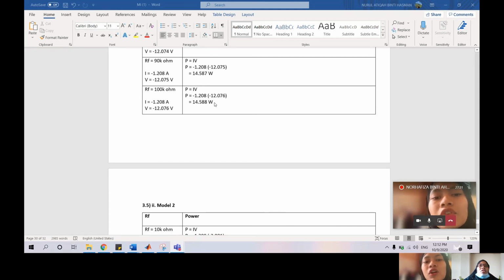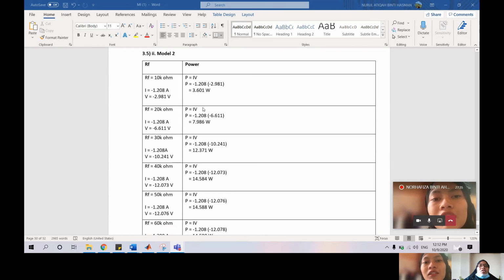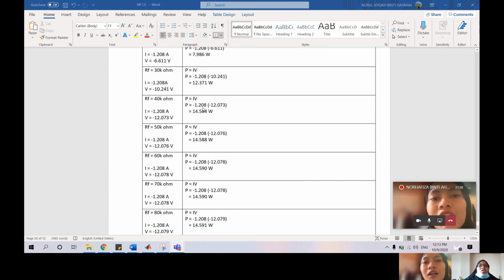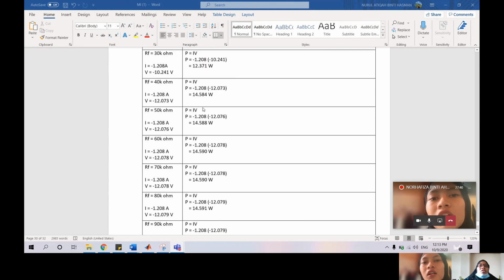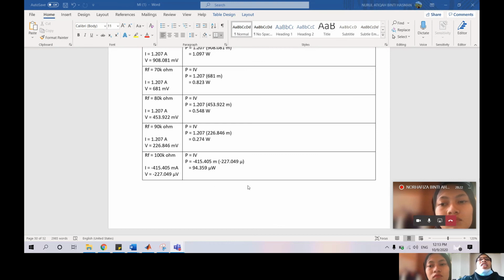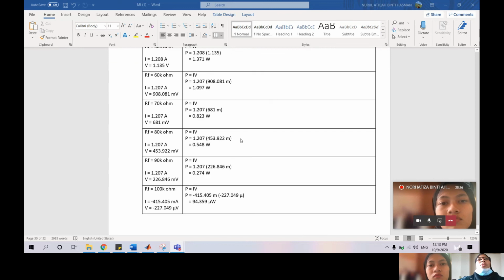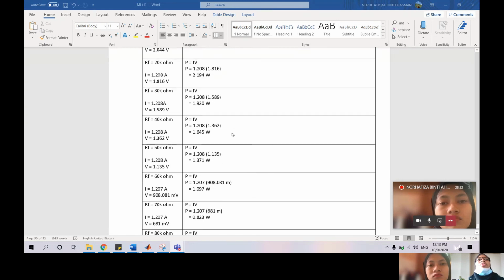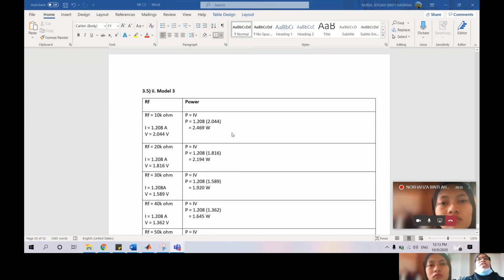It is repeated for model 2 and model 3, whereas the value changes based on its voltage and current values. So this is how we calculate all the values from the question itself, and we get all the values using the circuit given and then using Multisim.